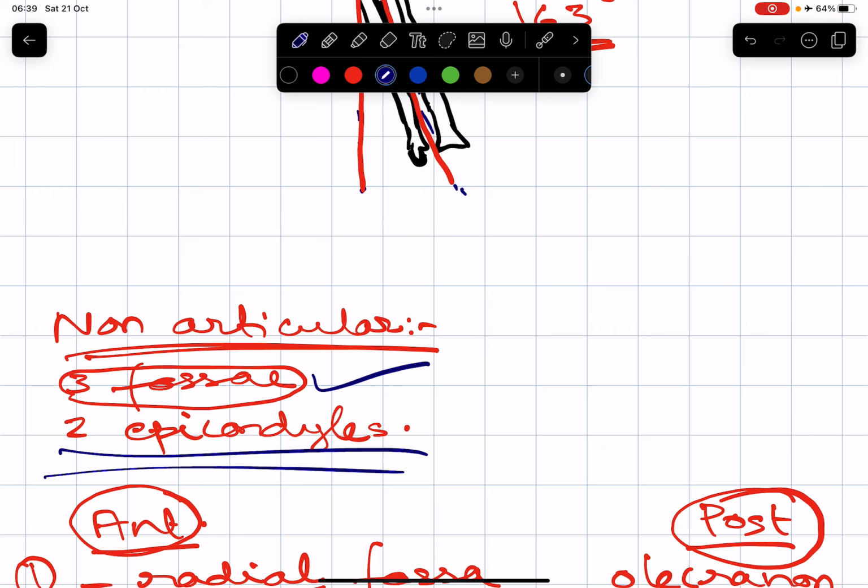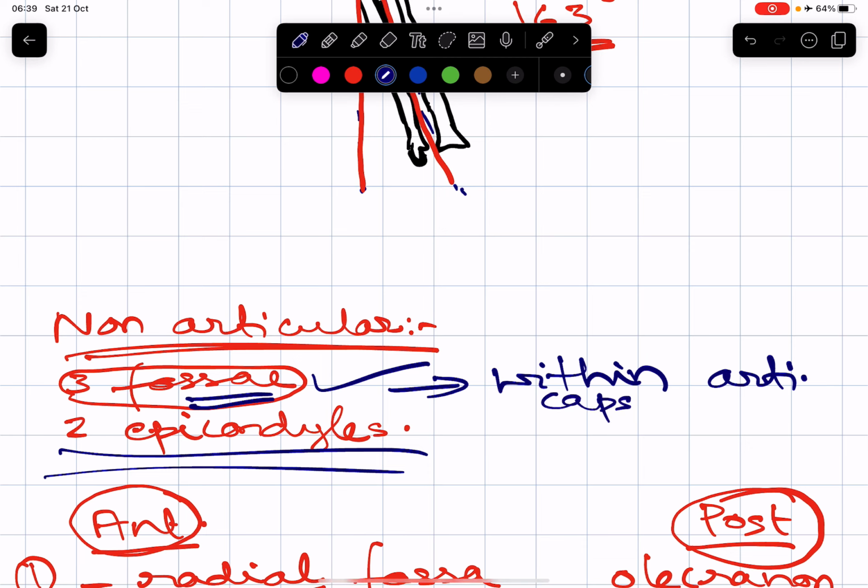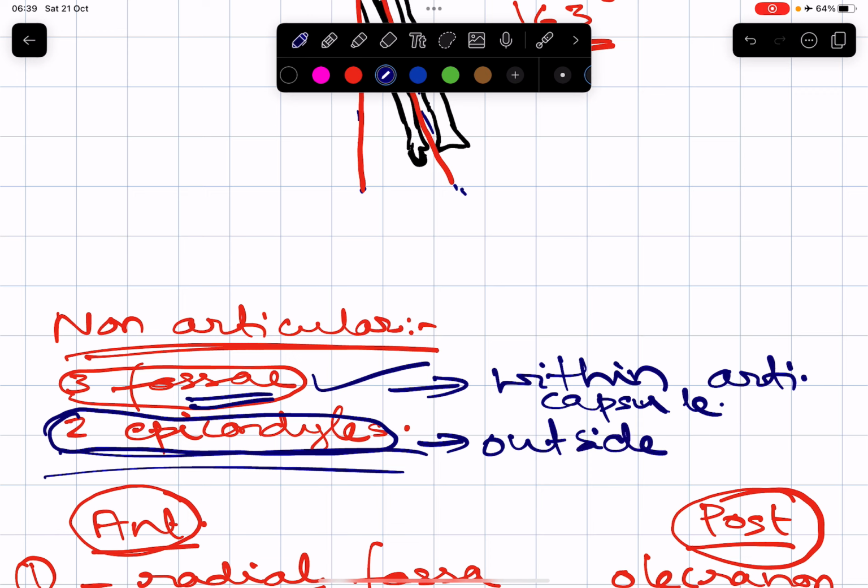Like I already told you, the fossae are within the articular capsule or the fibrous capsule of the elbow joint, whereas these two epicondyles lie outside, right? They lie outside the articular capsule.